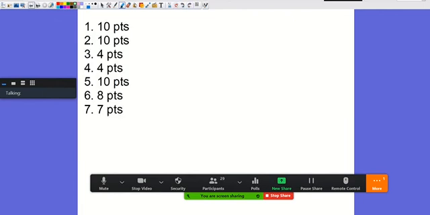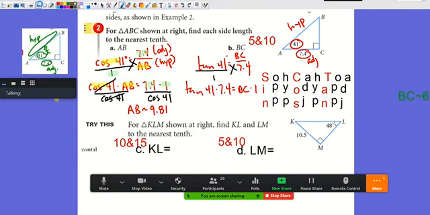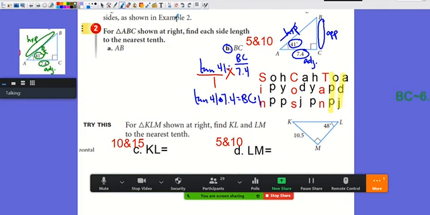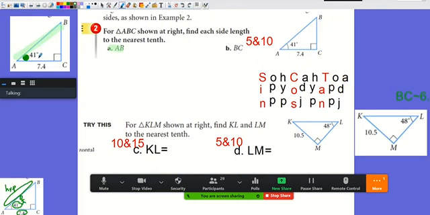There we go. It's asking for this green highlight here. So let's label what we have so far.